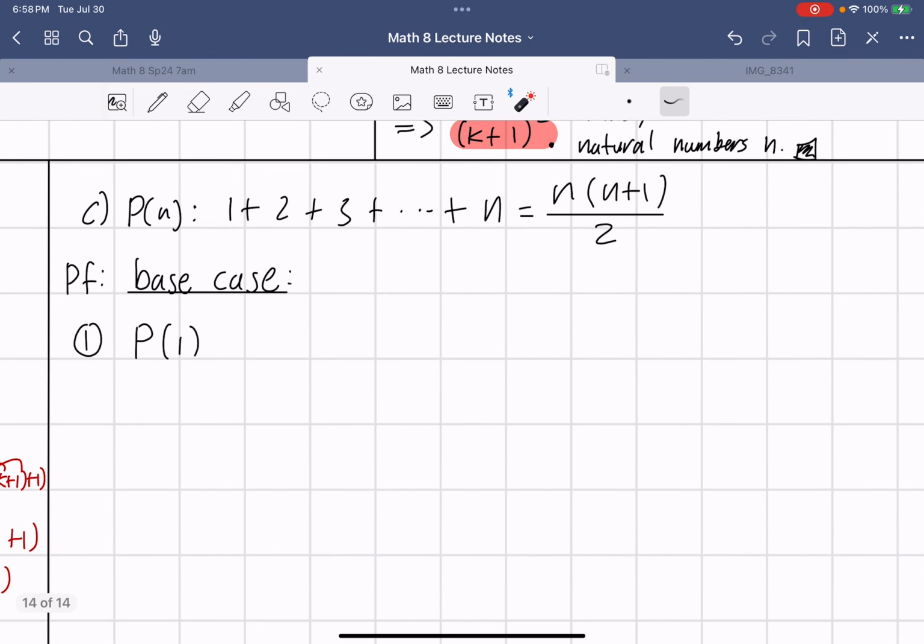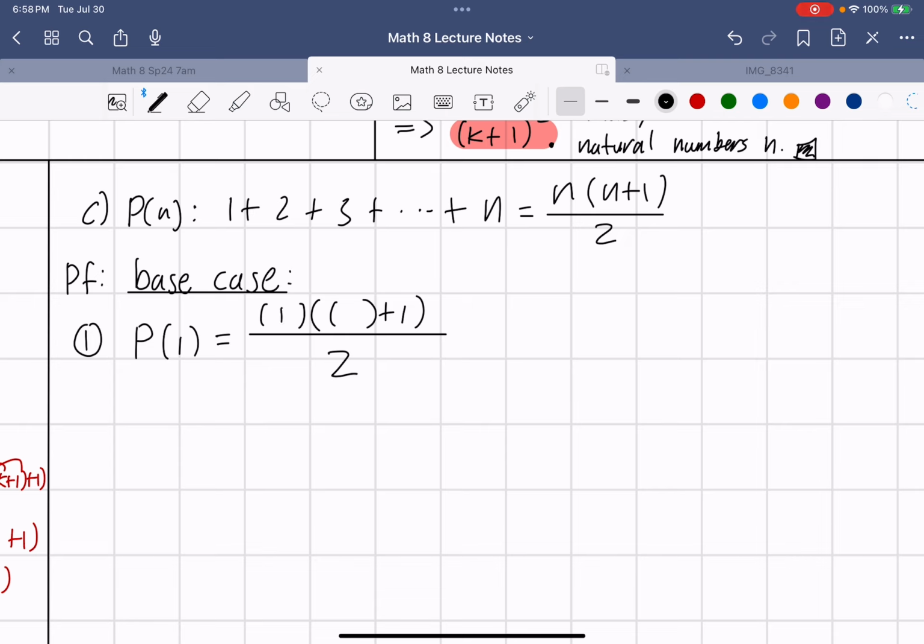So here we have, and I start by just making parentheses everywhere just so we don't make any errors. So I had n on this one and n here. I'm going to be plugging in 1 into that formula, which will simplify to 2 divided by 2, which is equal to 1.